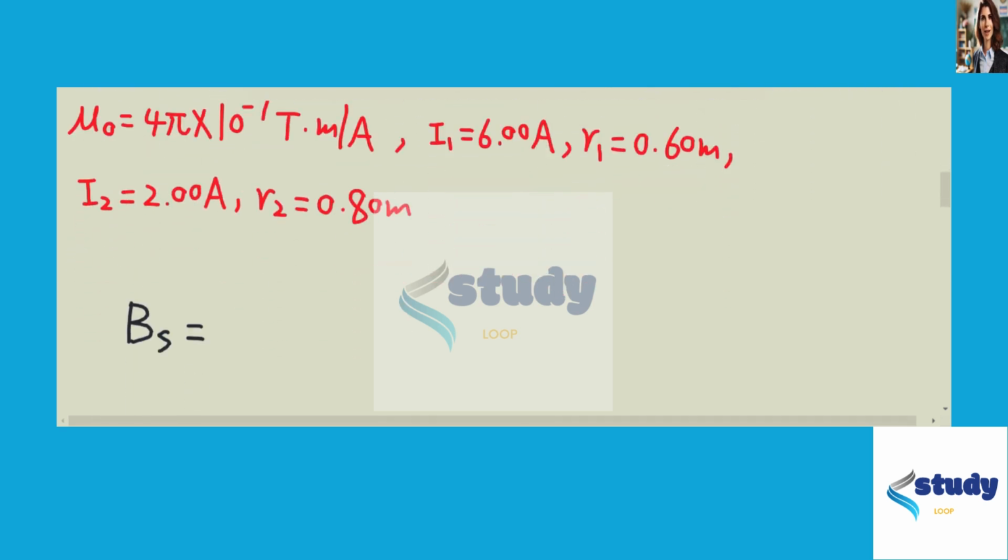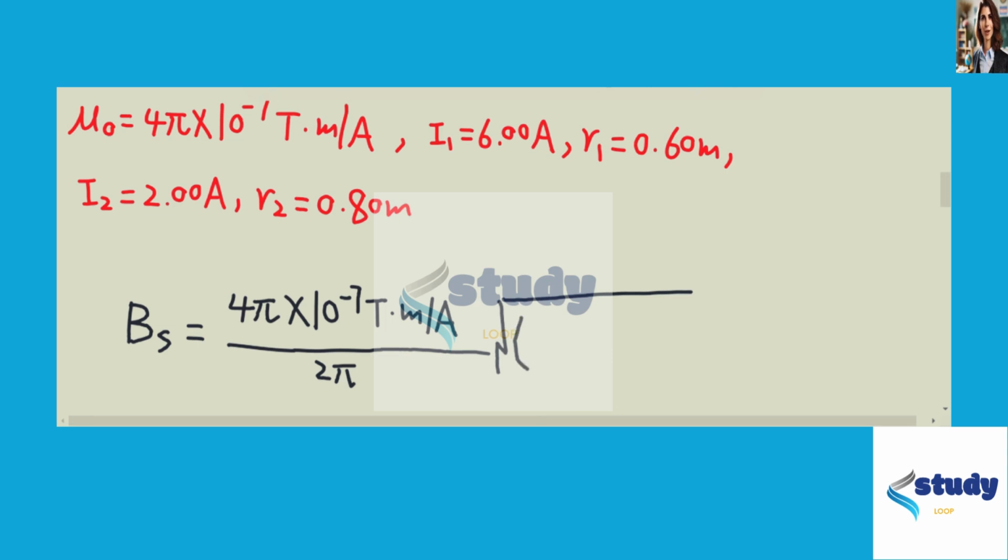Which is equal to 4 pi times 10 to the power of negative 7 Tesla meter per ampere over 2 pi, then times the square root of (6.00 ampere over 0.60 meter) to the power of 2 plus (2.00 ampere over 0.80 meter) to the power of 2.